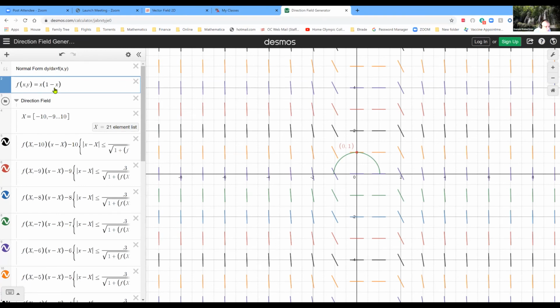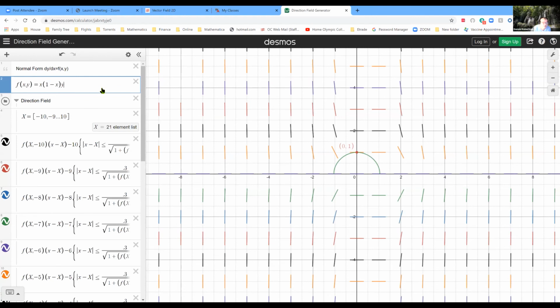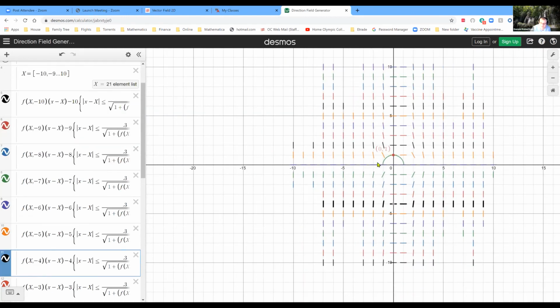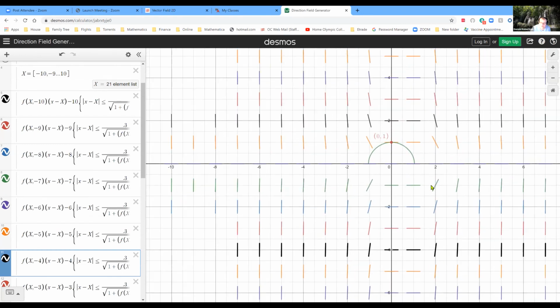Suppose I stick a y in. Click out of here somewhere. Click here. There's your direction field. So if I shrink back and there we go. That's about it.